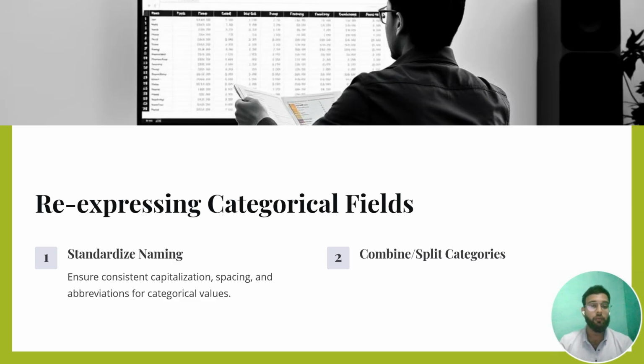Now, secondly, we can combine or split categories. So we can merge similar categories or split overly broad ones to improve analytical clarity. Means we can split the code into different blocks so we can understand it easily, or we can split it in different ways.